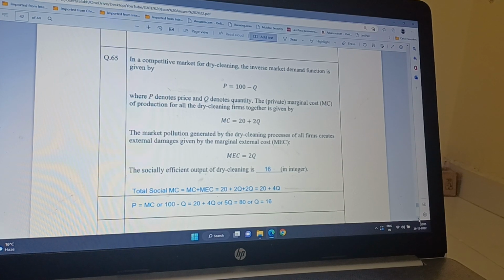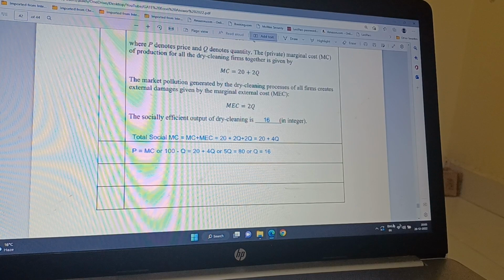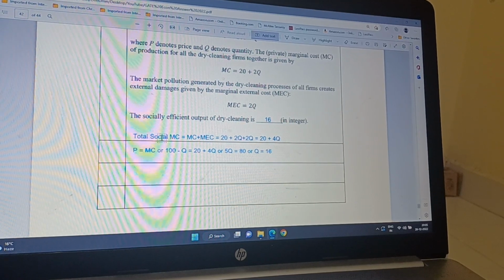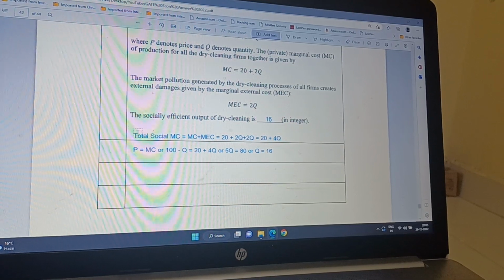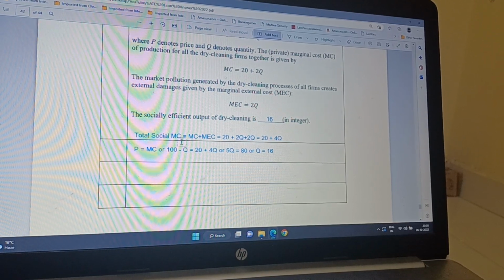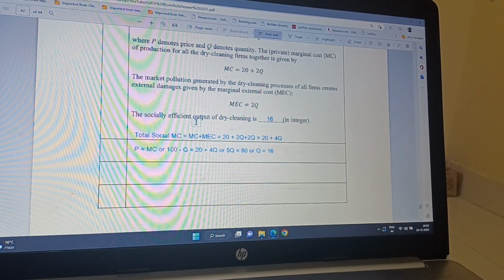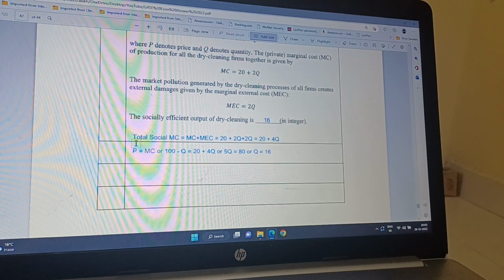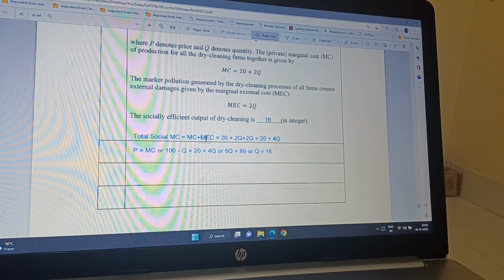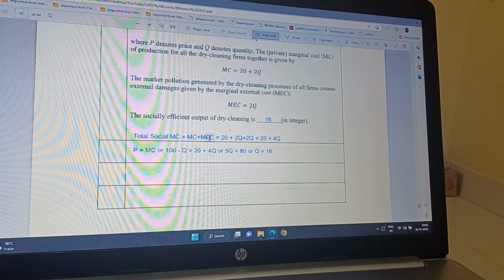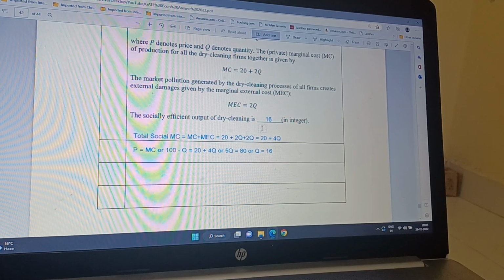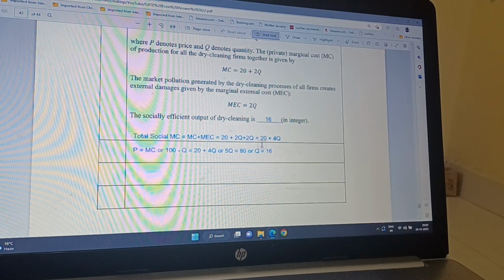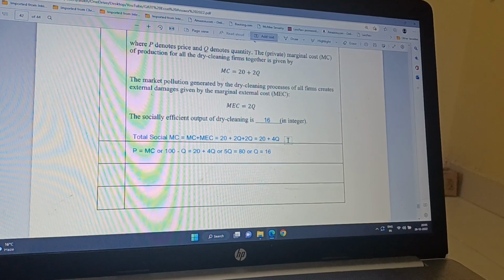So the socially efficient output is where price equals social marginal cost, which is equal to private marginal cost plus marginal external cost. So that gives 20 plus 2Q is the private, and 2Q is MEC, so that gives us 20 plus 4Q.